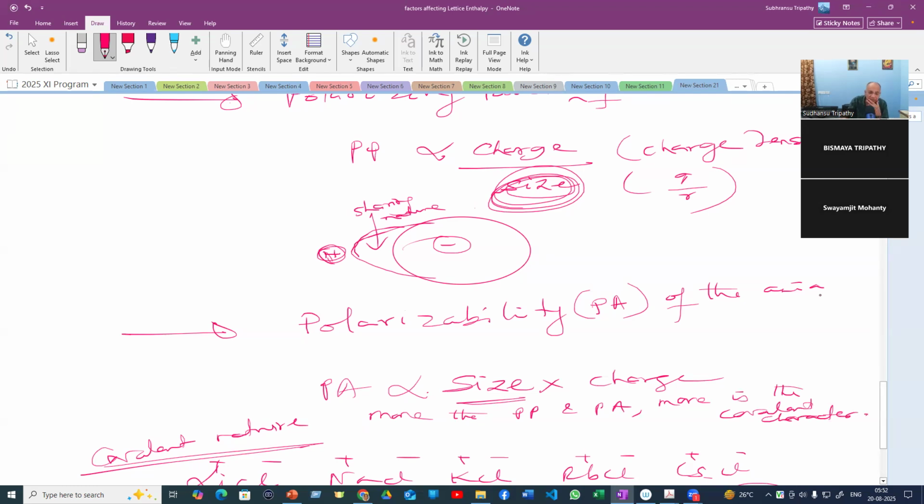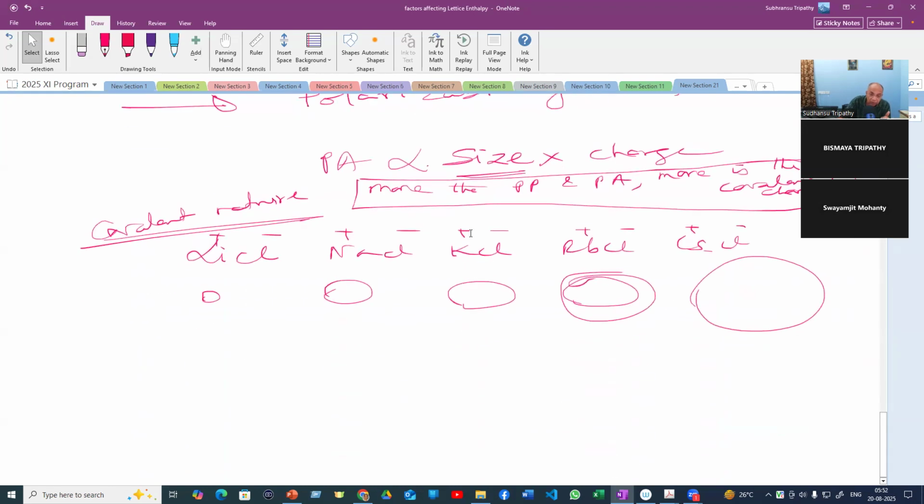If one of them is more, then covalent character is more. If both are more, then covalent character is still more. More the PP means of the cation, PA means of the anion, more is the covalent character.